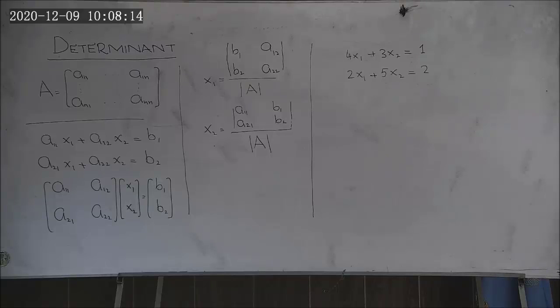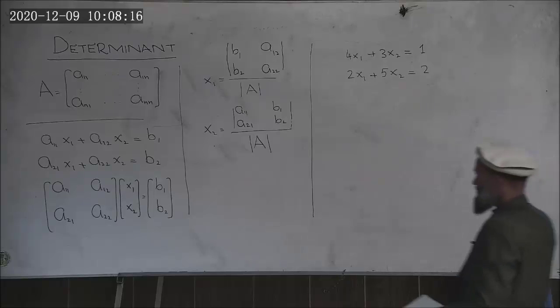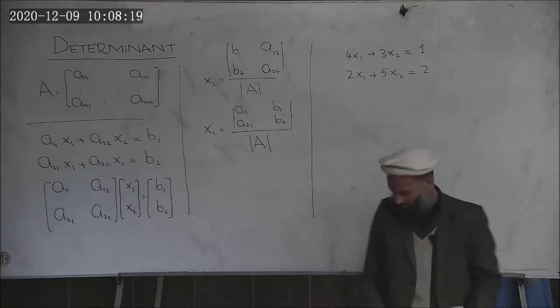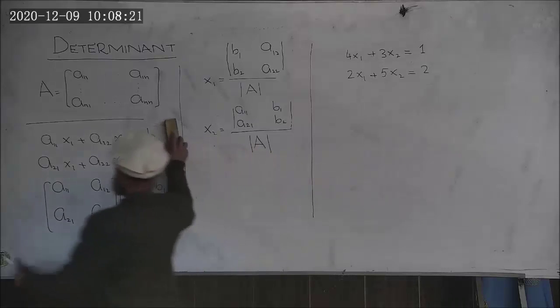So for a system of equations with n unknowns and n equations, how can we extend that?